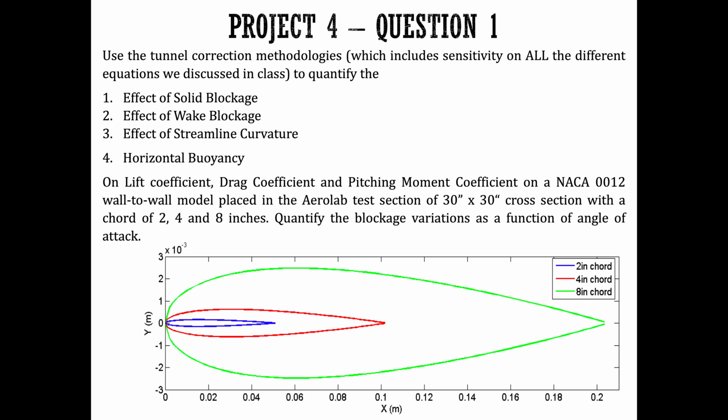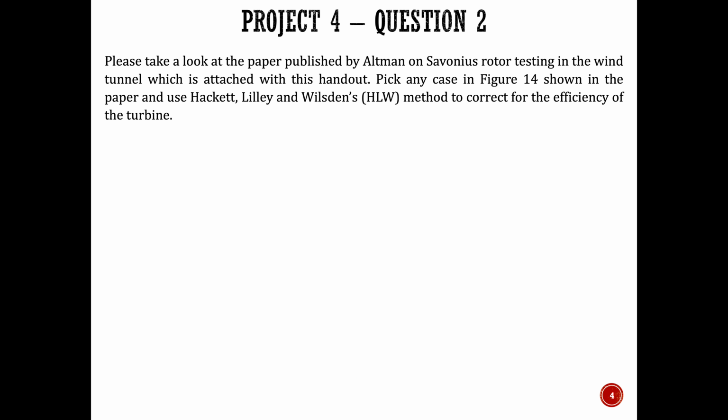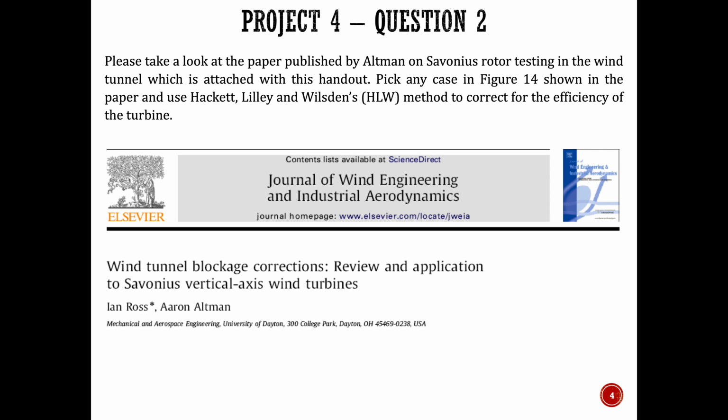All right. Question 2 asks you to look at a very interesting paper written by Dr. Altman back in 2011. He published a paper with his grad student Ian Ross called Wind Tunnel Blockage Corrections: Review and Application to Savonius Vertical Axis Wind Turbines.